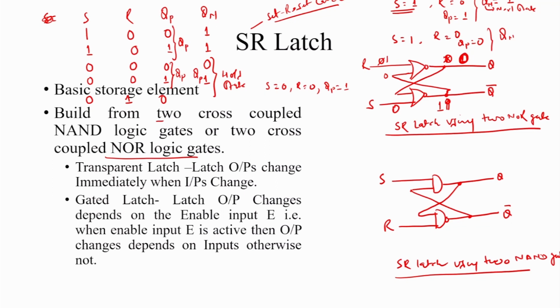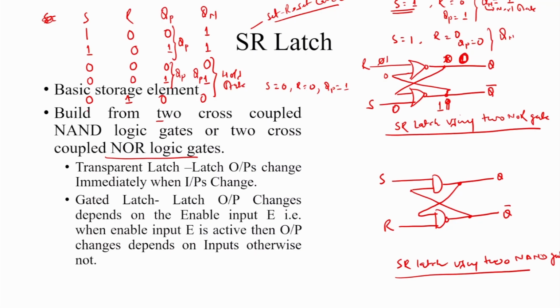And once this 0 is coming here, and the value of S is also 0, 0 0 means the output goes to 1. This 0 is the complement of 1, so the next state value is 0.